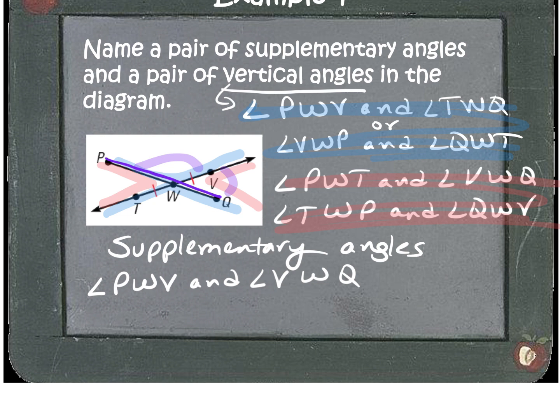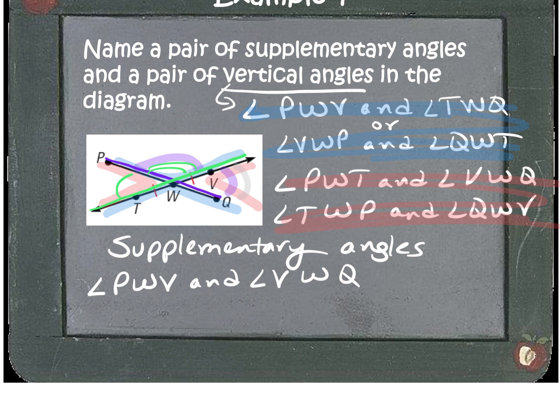That's one pair. Now, if I were to draw my line this way, I could also have a pair of supplementary angles this way. So I got a whole bunch of different supplementary pairs depending on how I keep rotating around my picture here.